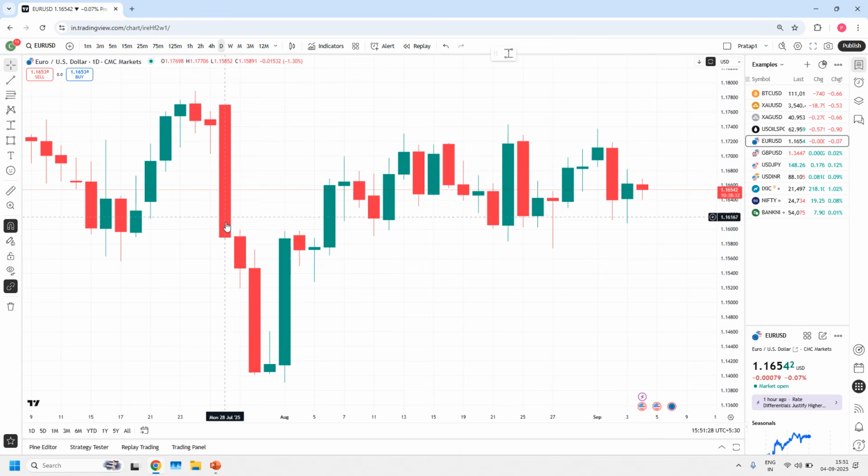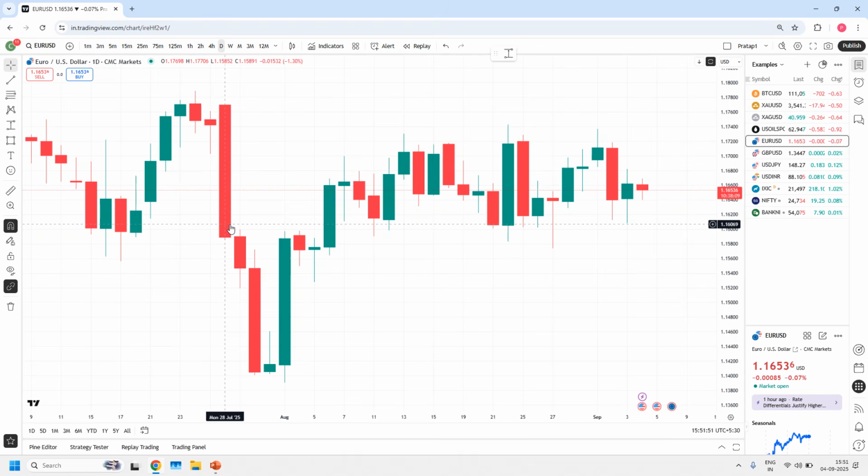And this imbalance confirms there is institutional participation. That means the institution might have placed huge orders in this area, and those orders exceeded the demand in this area. Now supply is more than the demand and pushed the prices down.